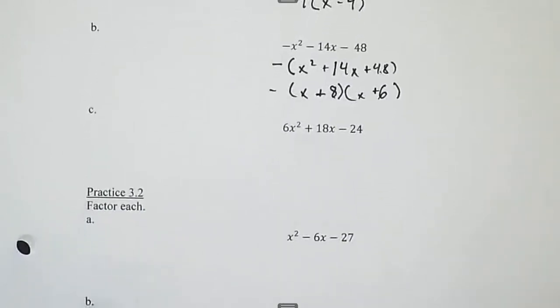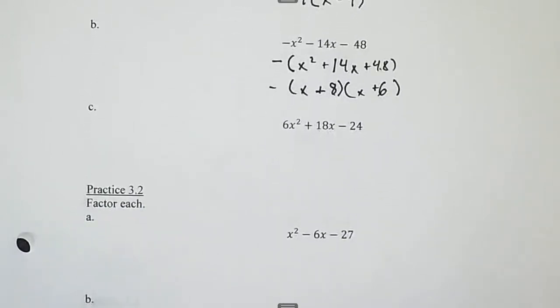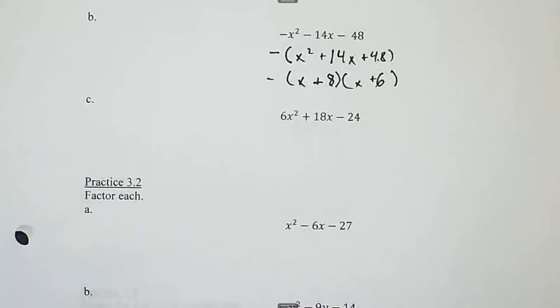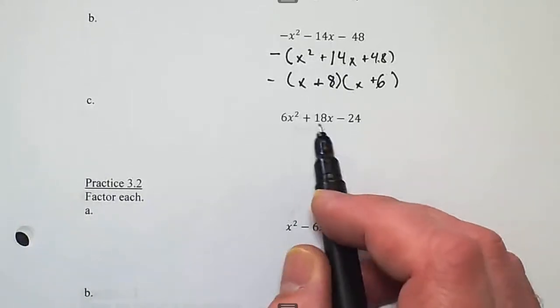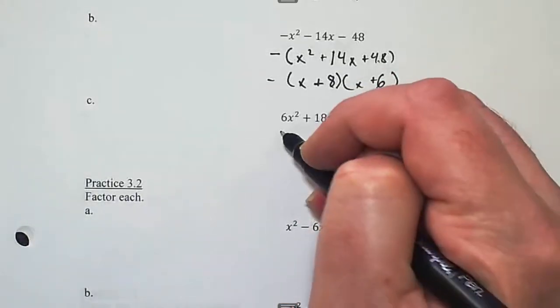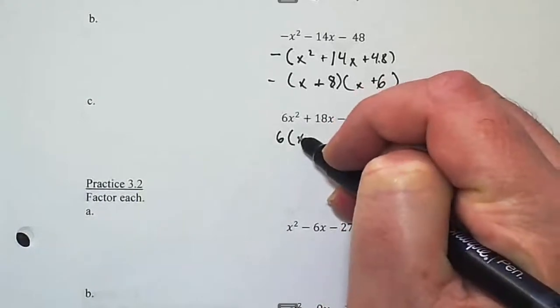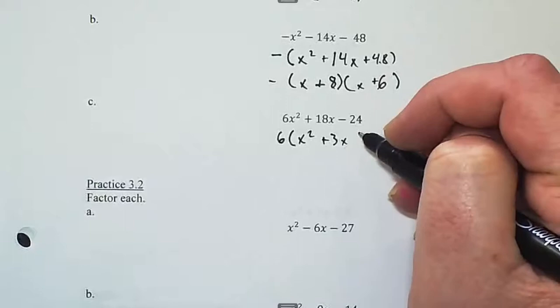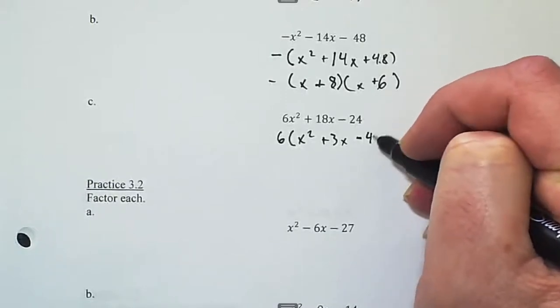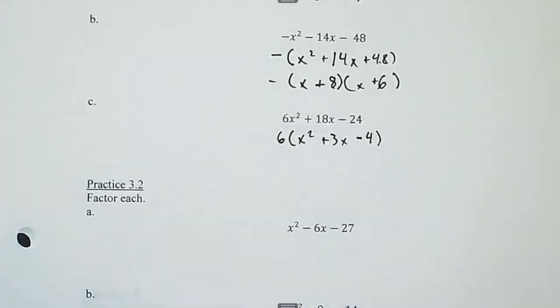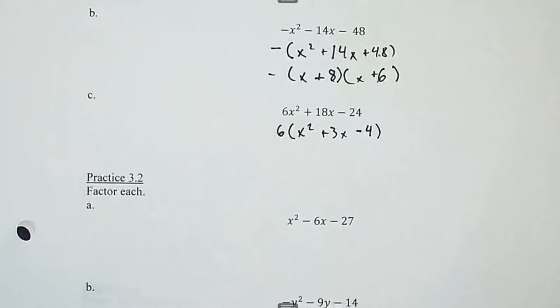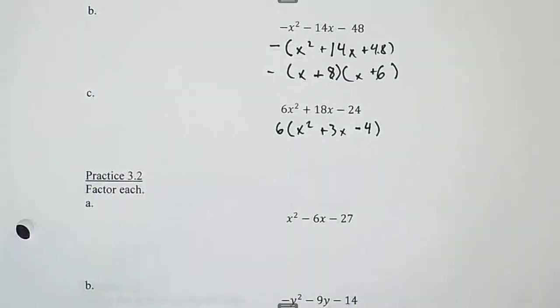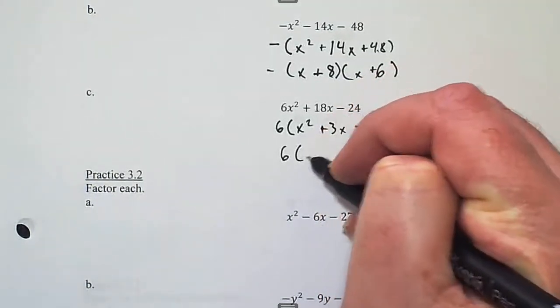All right, these are all even numbers, so we clearly should be able to factor out something. And you can see that actually 6 goes into each one of these. So I'm going to factor out a 6. So when I divide that by 6, I get x squared, then plus 3x, and then minus 4. All right, and we'll factor this.